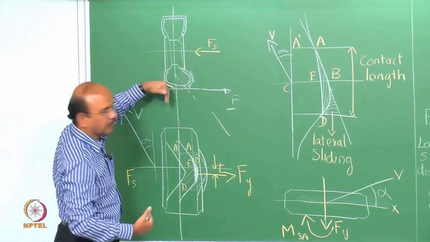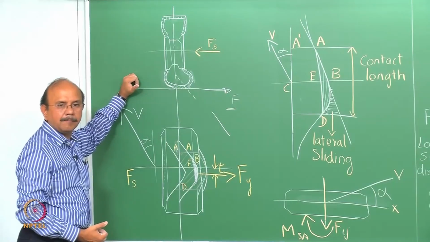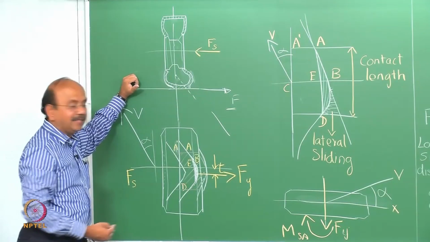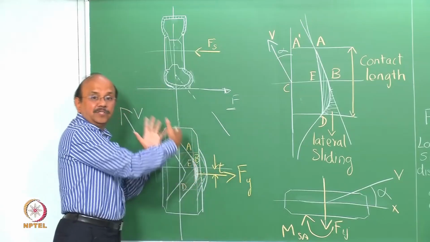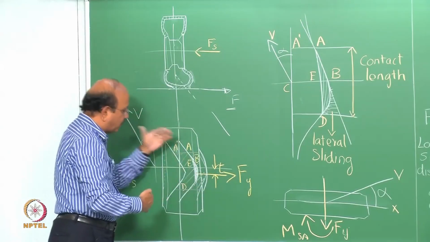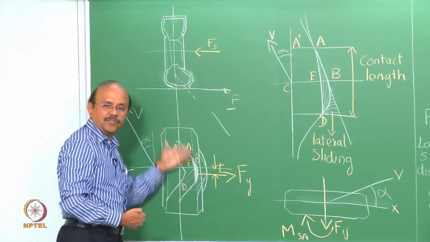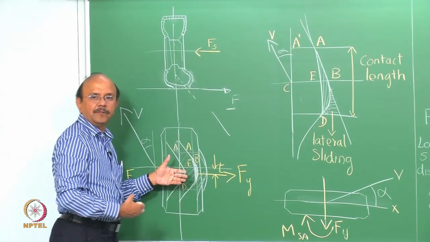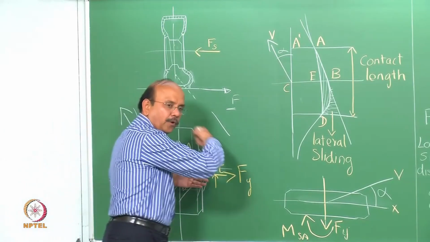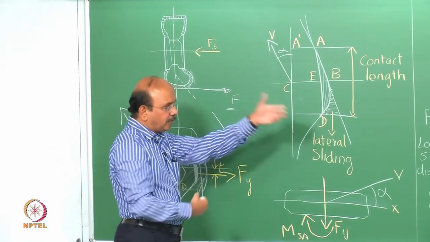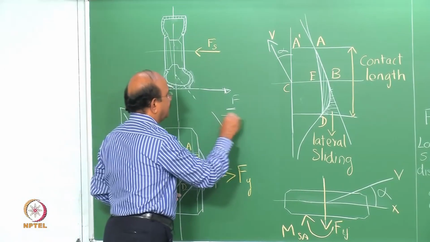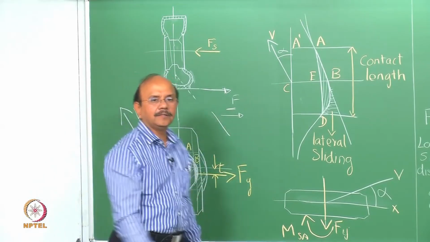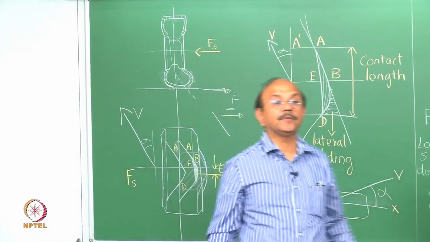Because this has been pushed out, it'll be like this. This inclination, which increases as you travel inside the contact patch, gives rise to that pull which we saw there, and that pull results in what is called the centripetal force.